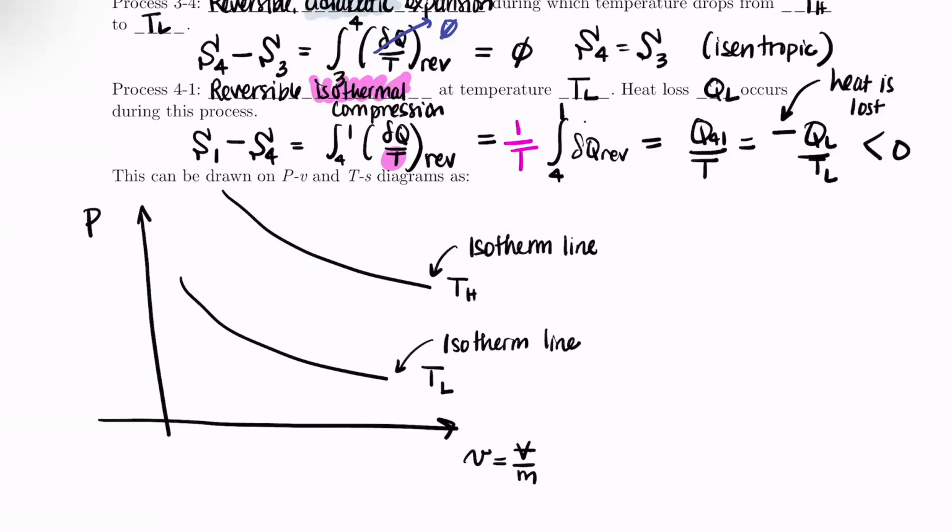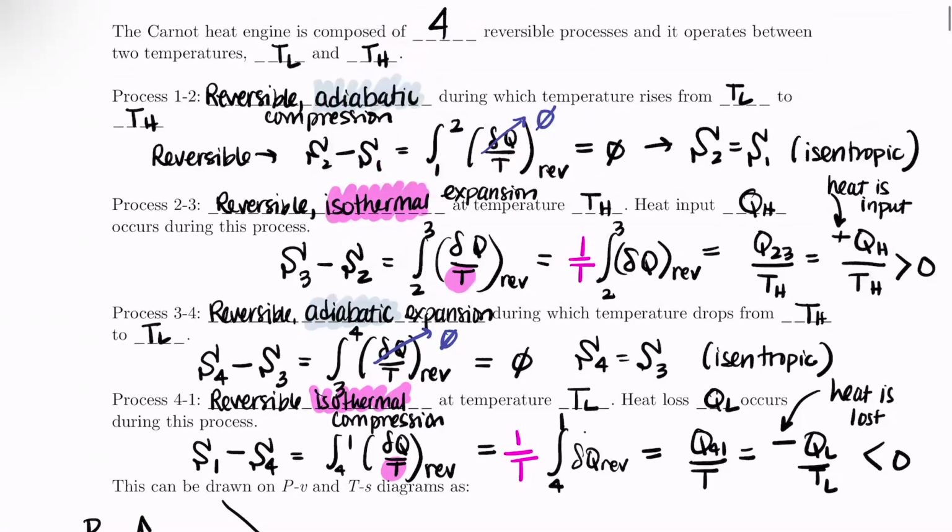Okay. And we are starting and ending at our lower temperature. We're also starting at a smaller specific volume than state 4. So this is roughly where state 1 will be. Between 1 and 2 we have a reversible adiabatic compression.